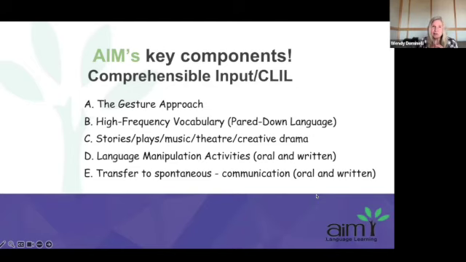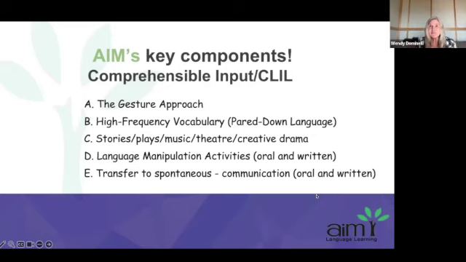And then I documented in my class my students' use of vocabulary, and I studied also other high frequency studies and came up with what we call the pared down language, which is basically high frequency vocabulary, so that in the limited time we have in core French or even in immersion, we want students exposed to really high frequency words, so we're not wasting that very precious limited time on learning, say, many different fruits and vegetables, or many different words for animals or insects or whatever it might be.